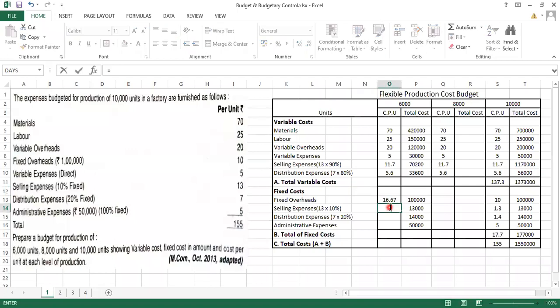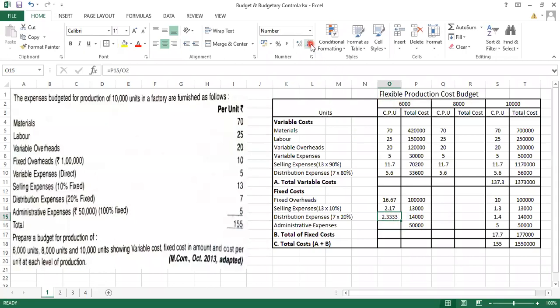Same way, 13,000 divided by 6,000. This will be 2.1667. Round it off, so 2.17. 14,000 divided by 6,000. 2.3333.